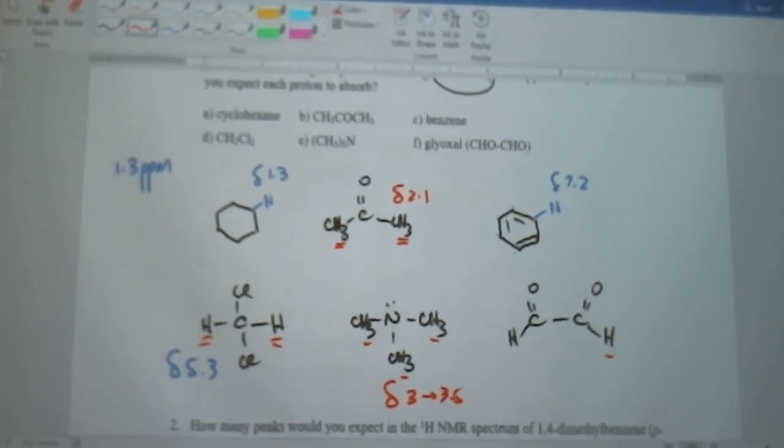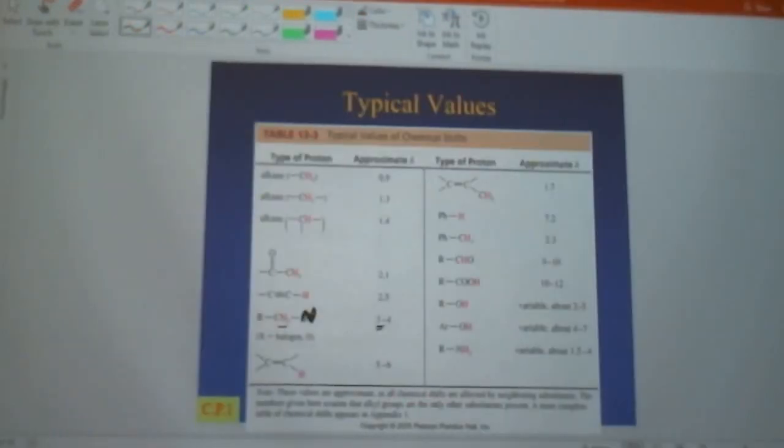How about any one of these 2 hydrogens? This is an aldehyde. It comes between 9 and 10 ppm.